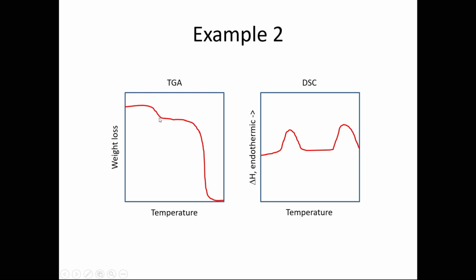Here the sample loses a bit of weight, and then at higher temperature the sample is completely burned off, so it completely disappears. And if we look at the DSC thermogram, again endothermic phenomena are shown upwards, and we also see two endothermic peaks. Each peak will correspond to decomposition of this material.